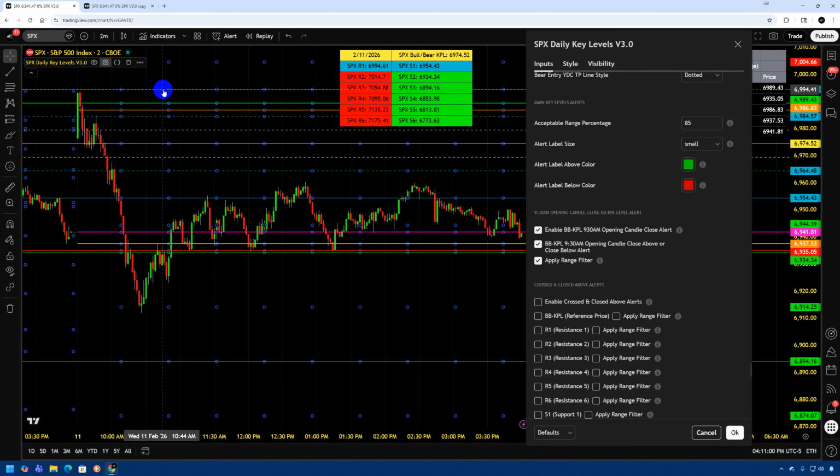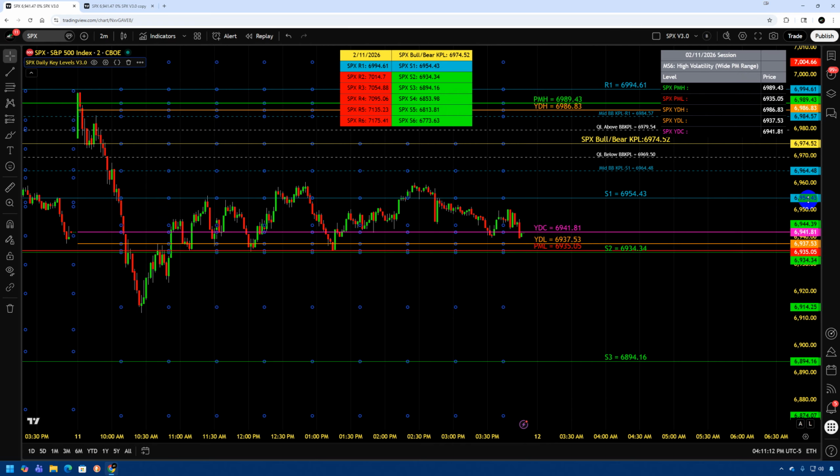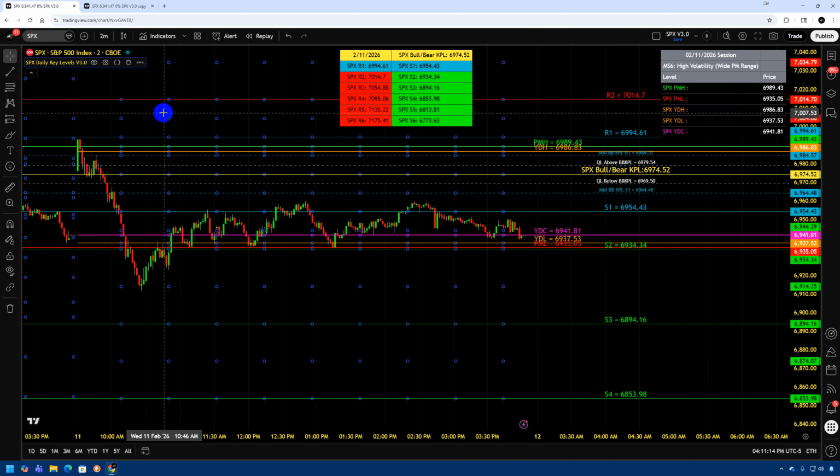The reward on a scalp is just going to be hitting the R1 level, and on a regular trade, it would be the 1.5 minimum level threshold, which would be from the BBKPL level, mid, R1, R2. So this candle is so far away from the stop losses that this is simply too much risk versus the possible reward on this trade.